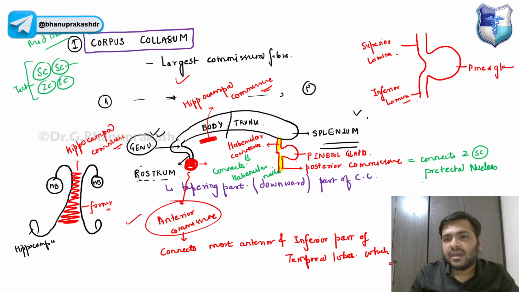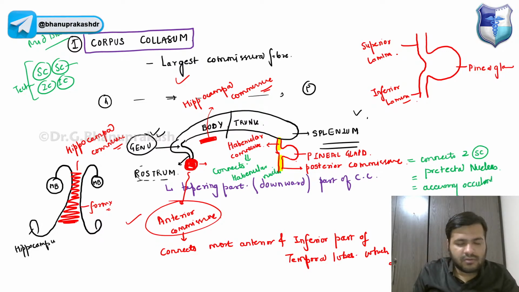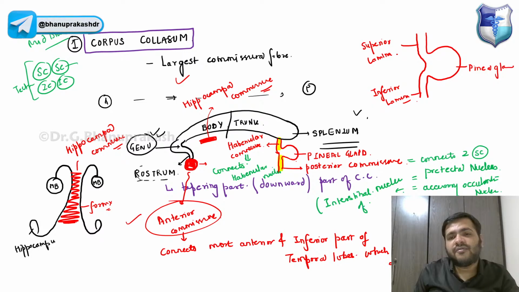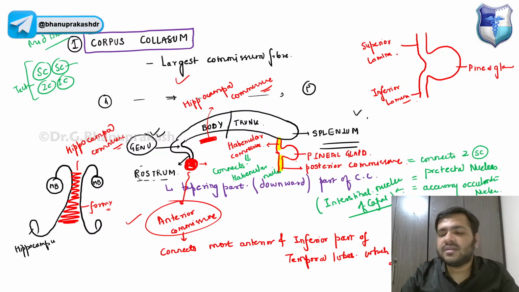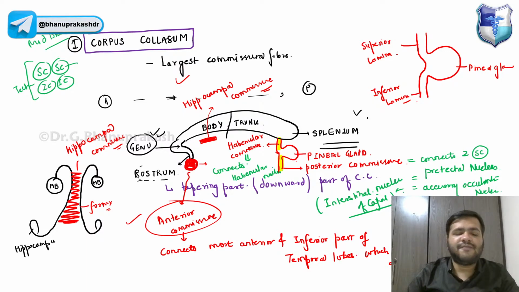Even it connects the accessory oculomotor nucleus. It is also called the interstitial nucleus of Cajal. I have already discussed this. Right? So that is about all the fibers, guys.